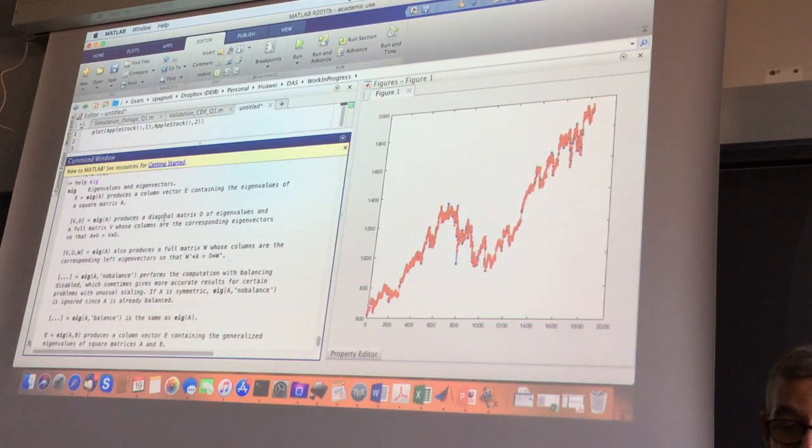If I have a matrix, there is a column vector containing the eigenvalues. If I do it this way, then you always need to look at it.